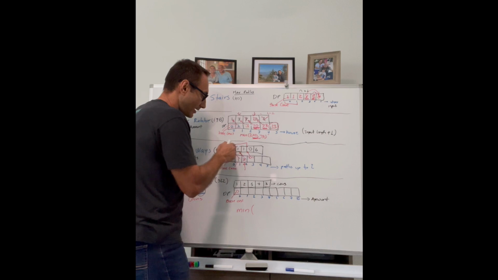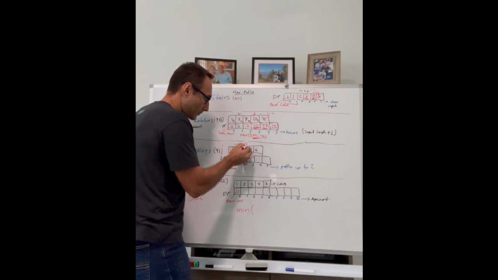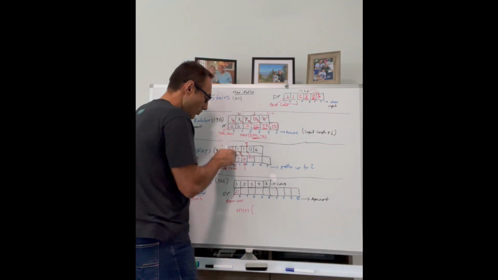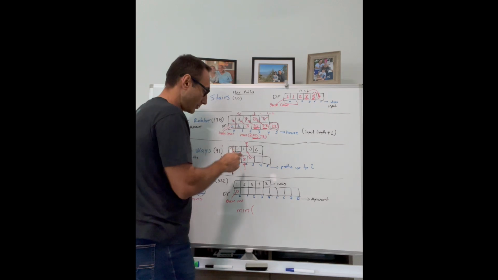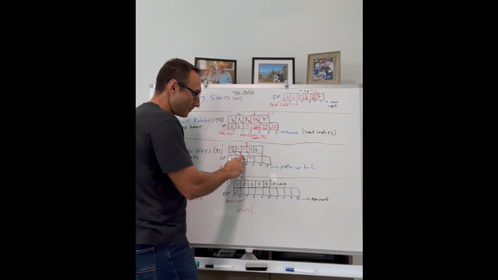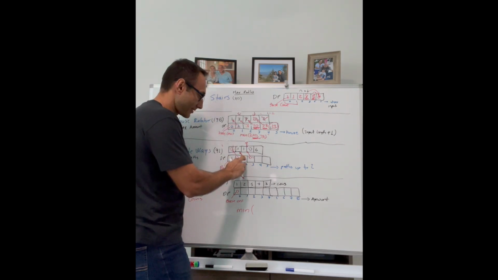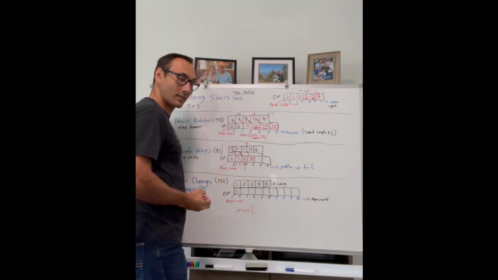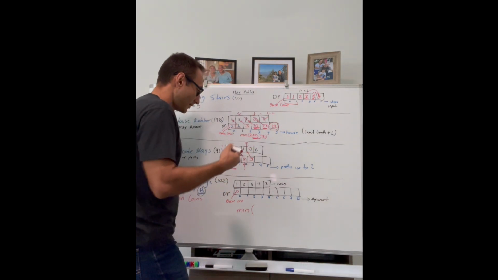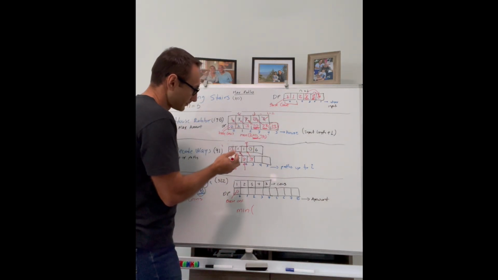So it means that up to here I can go with the double digit and with one single digit. That's what I'm adding, these two different paths. And I have here the number 3.